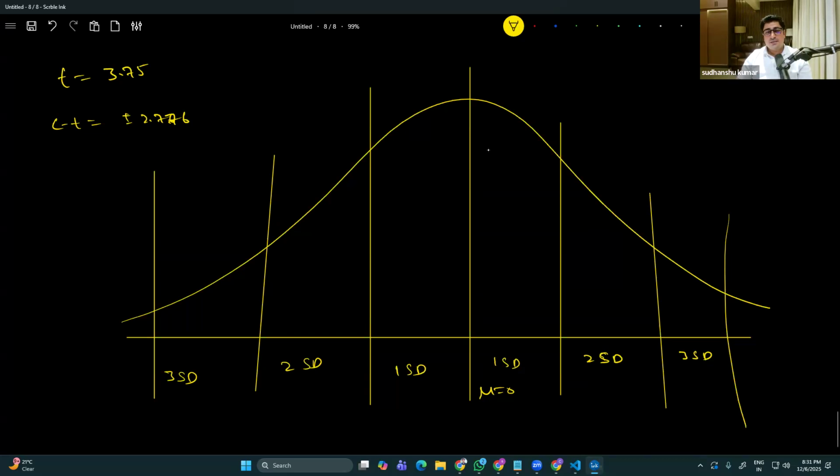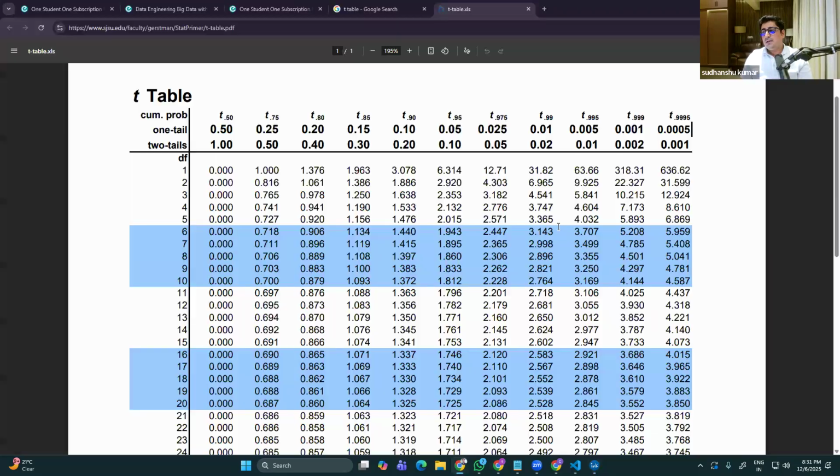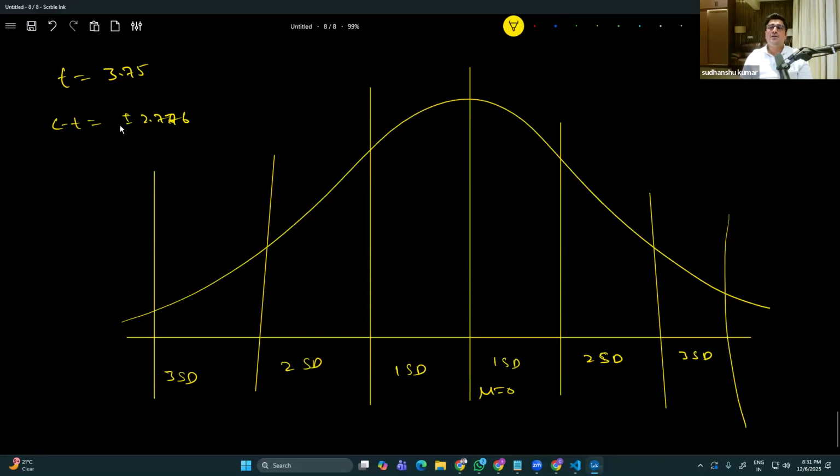It is not going to change because critical t has been calculated based on alpha and degree of freedom, df. Alpha has not changed, 0.05, and degree of freedom has not changed. If you go to your table once again, you will see the same value, 2.776. You get this value in the case of a two-tail test. So the critical t is going to be this much, which simply means that this is my 3 standard deviation on the negative side.